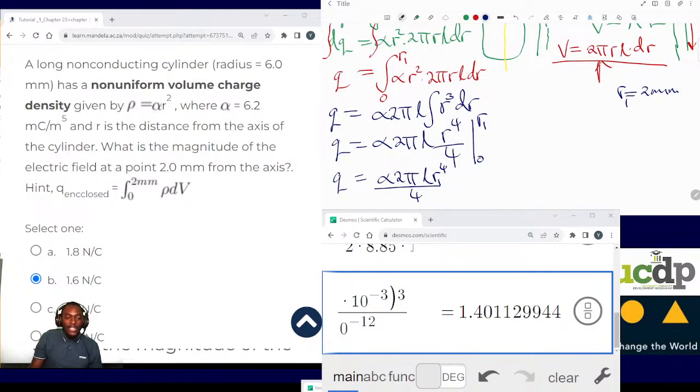We now have our charge enclosed. Now we come back to our expression, which we know: E times 2 pi r1 L is equal to charge enclosed over epsilon naught. So we take this charge enclosed and put it in place of Q there.